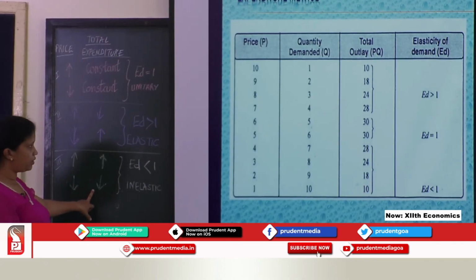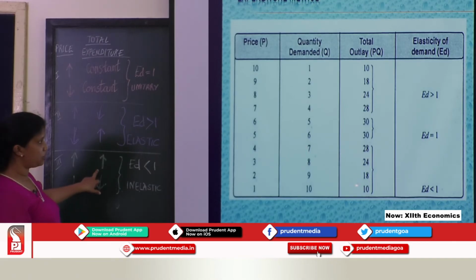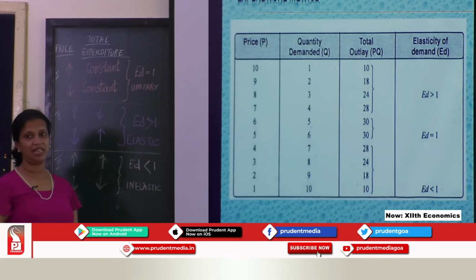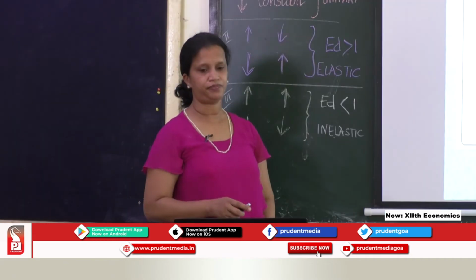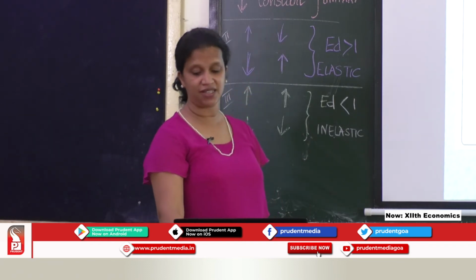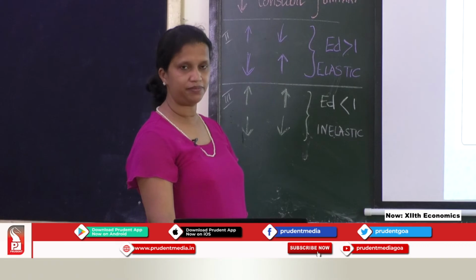Or if price goes up, demand comes down. What do you observe about the expenditure? Is the expenditure also going up? Therefore, what can you conclude about elasticity? ED is less than 1, or relatively inelastic demand. So, this relationship was put forth by Professor Alfred Marshall.